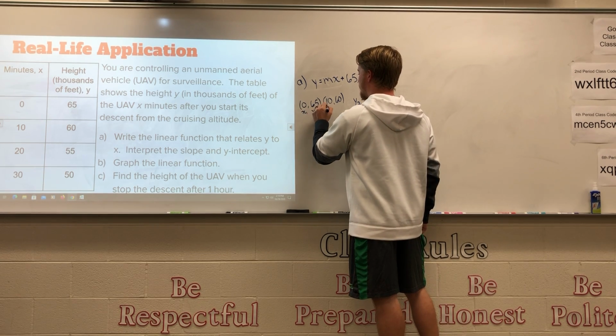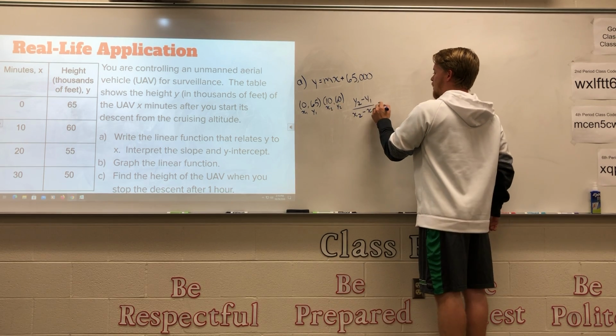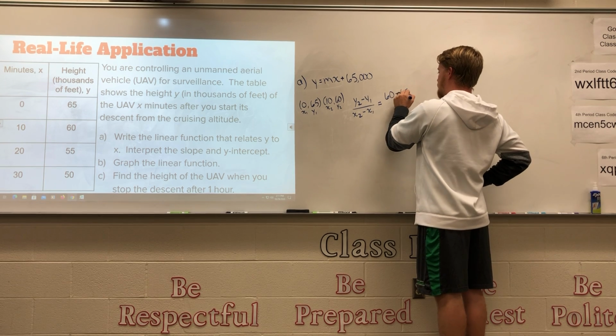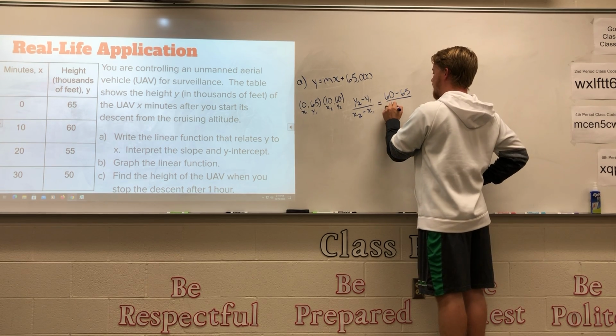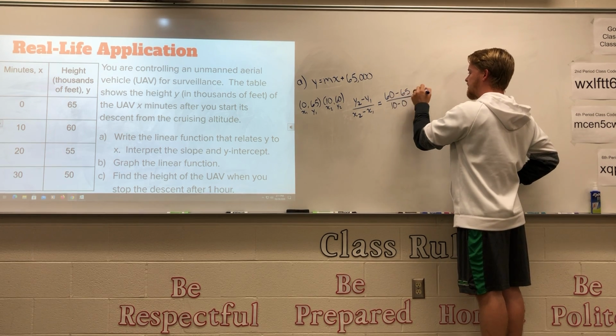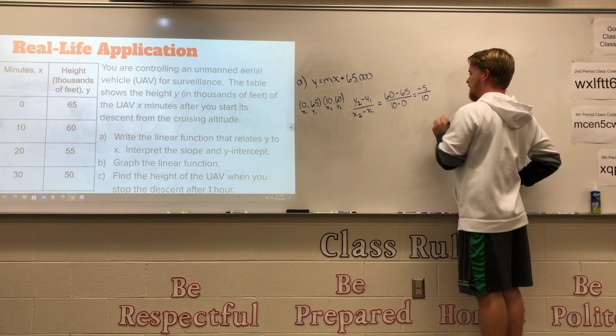So it'll be 60 minus 65 over 10 minus 0. 60 minus 65 is negative 5. 10 minus 0 is 10.